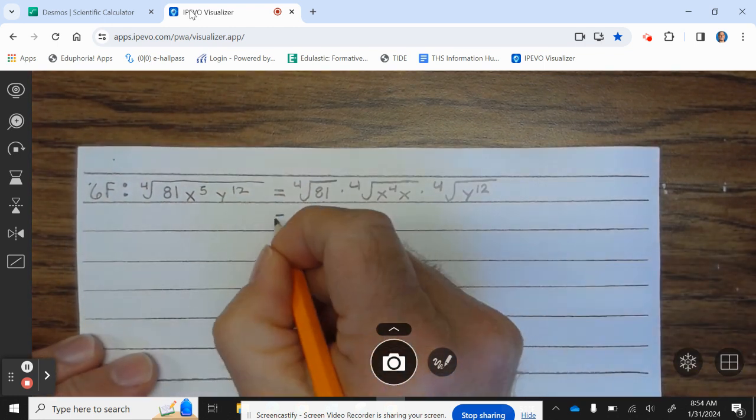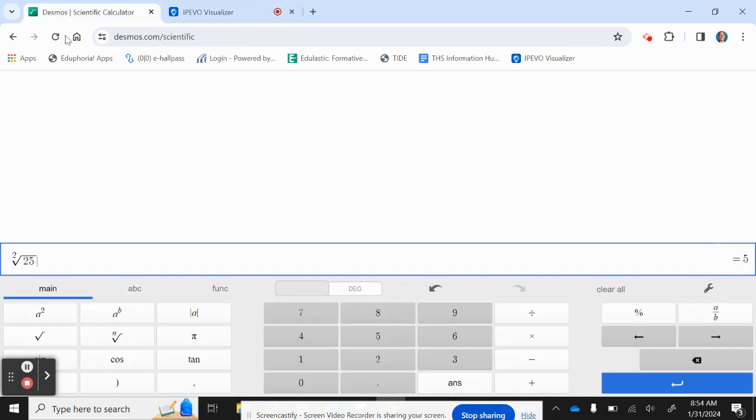Okay, so fourth root of 81, let's find out what that is. It is 3.